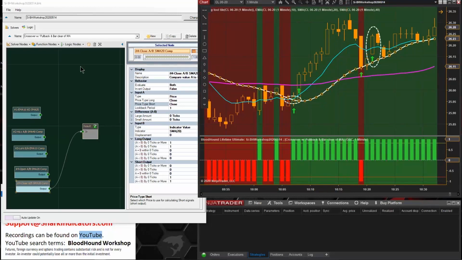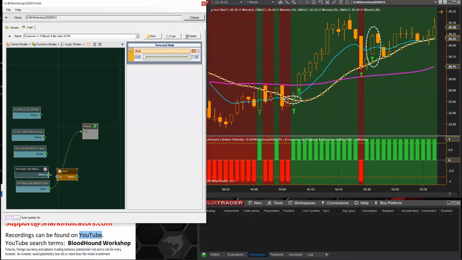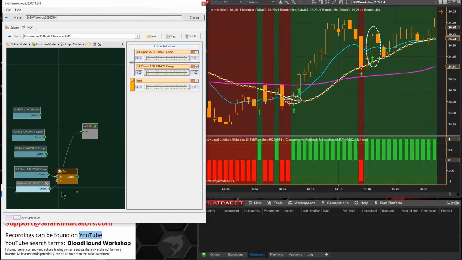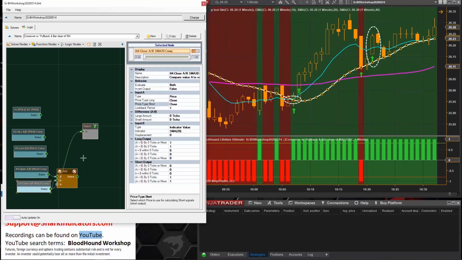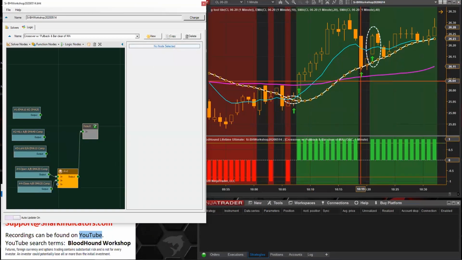So let's see here, these two need to work together like so. Really, it's taking 2 solvers here to make up step number 4. And so there we go.